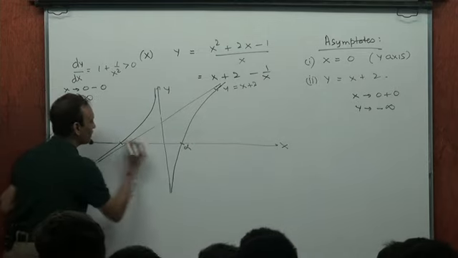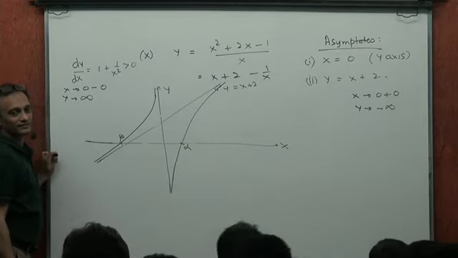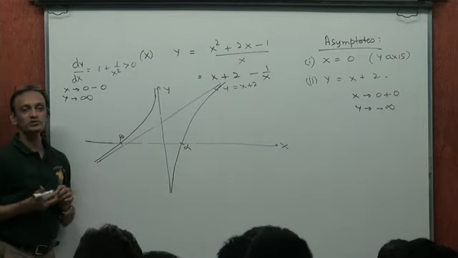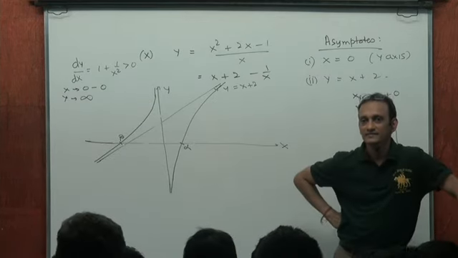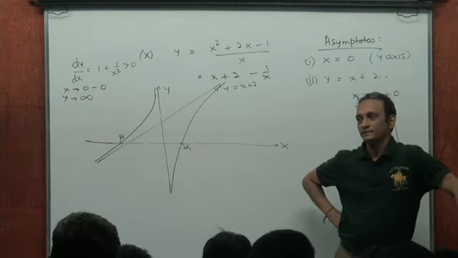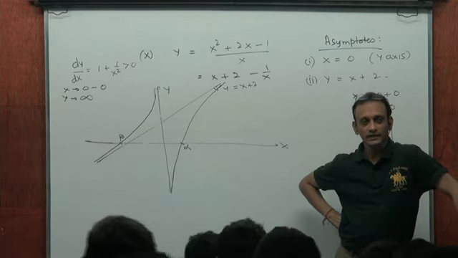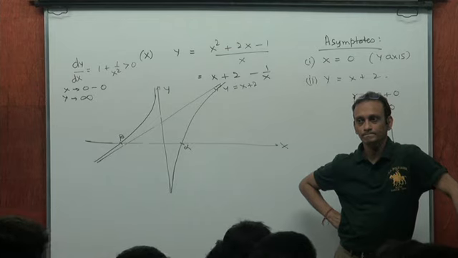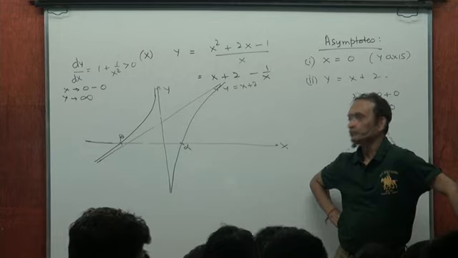These are the two roots, alpha and beta, of the numerator. This will be the graph of x squared plus 2x minus 1 by x, isn't it? Make sense? Stand by.